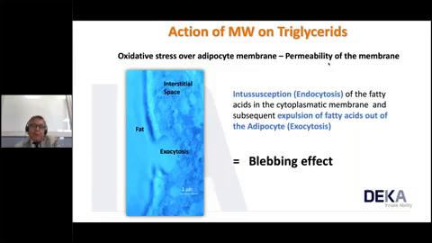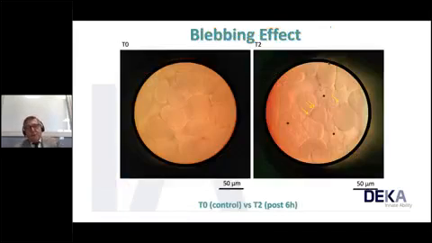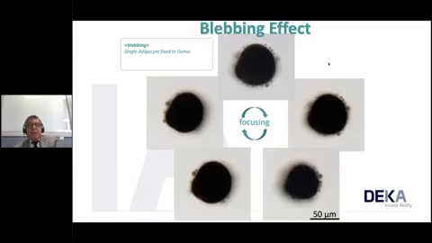The blebbing effect is a sort of onomatopoeic term due to the fact that in vivo, in histological preparations, you see the typical droplets in the peripheral part of the adipocytes. By focusing with the optical microscope, you can easily see the blebbing, so the production and the exocytosis of these droplets in the tissues out of this single adipocyte fixed in osmium.